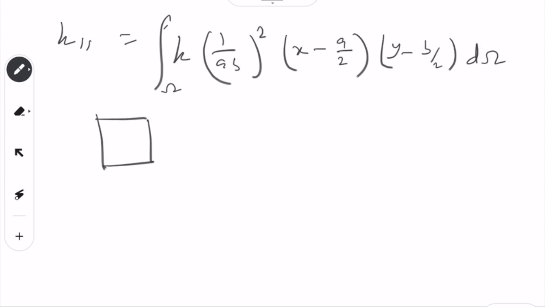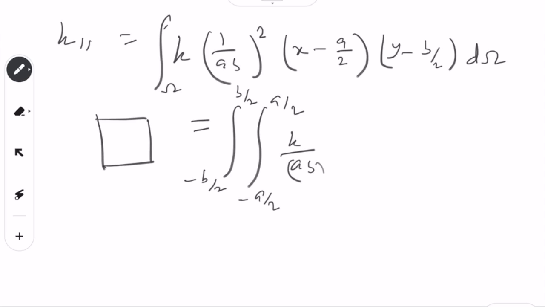So we have to apply it over the area, and hence you will have a double integral, where x is moving from minus a over 2 to a over 2, and y from minus b over 2 to b over 2, and then we have k over ab squared times x minus a over 2 times y minus b over 2 d omega.